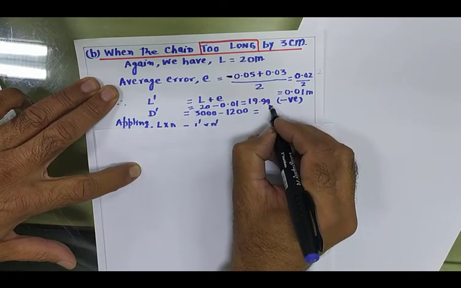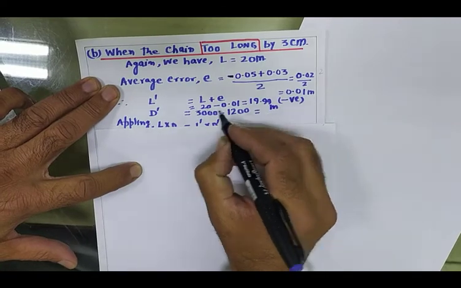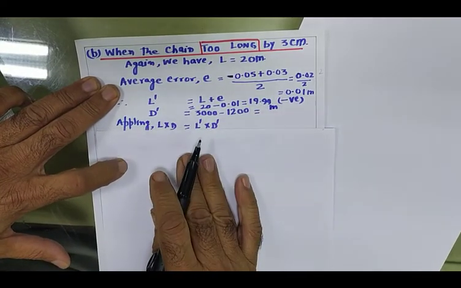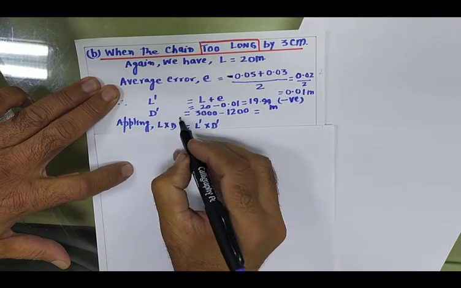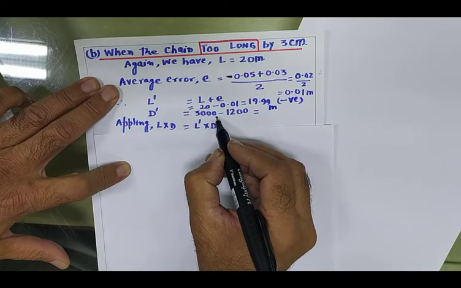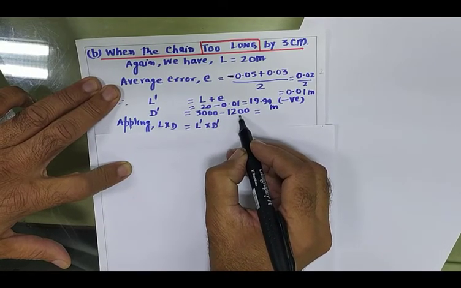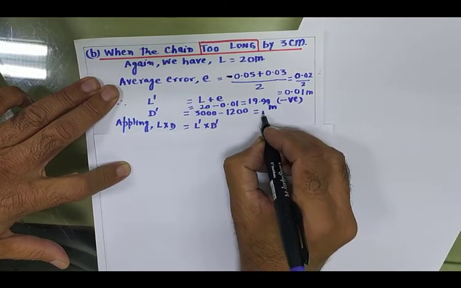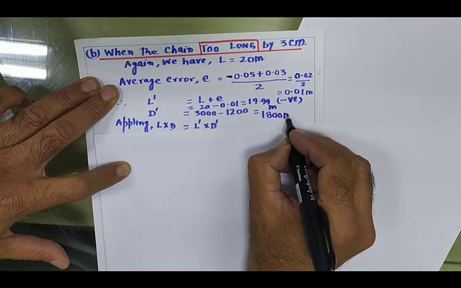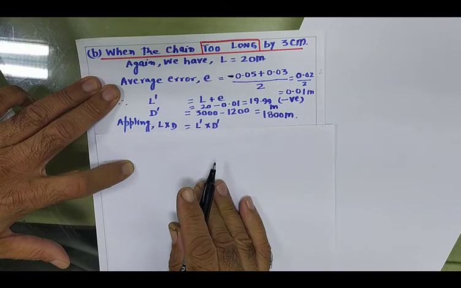This is the value of the incorrect length. So D dash is equal to the total distance measured, 3000 meter, minus what you have already measured, 1200, which comes to be 1800 meter, the value of D dash.